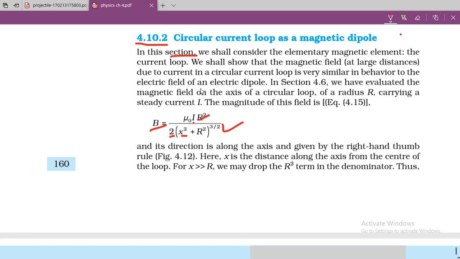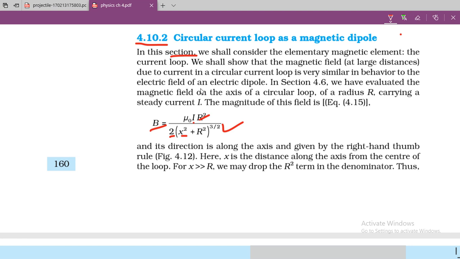And in previous sections we have evaluated the magnetic field on the axis of a circular loop of radius capital R carrying a steady current I. Then the magnitude of this field is given by the equation, that is B is equal to mu naught I r square upon 2 into (x square plus r square) to the power 3 by 2. This is equation 4.15 given in the same chapter above.